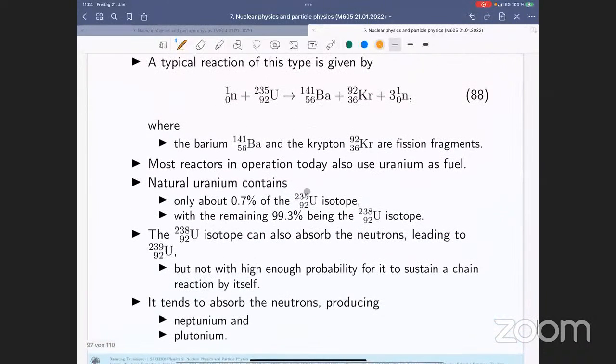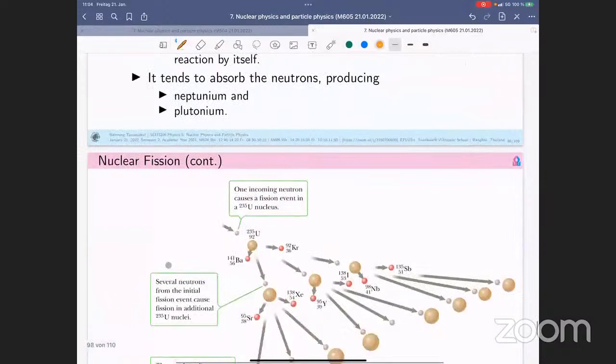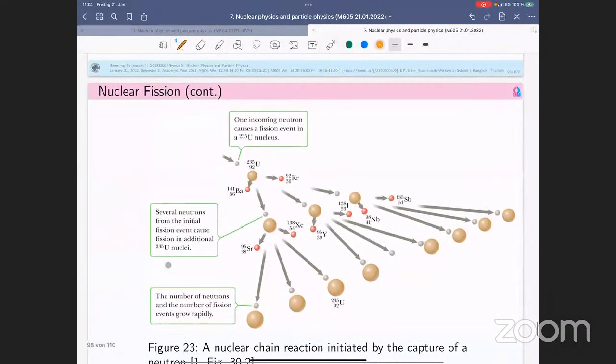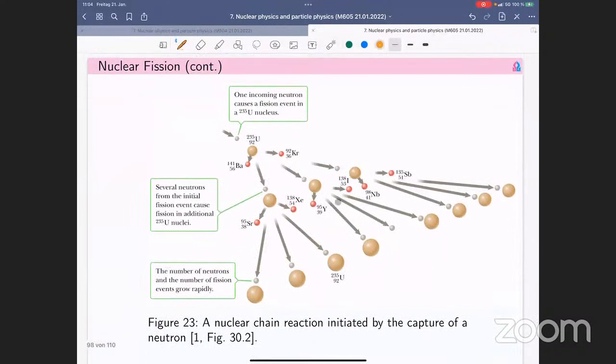But let's pay attention to only uranium-235, because this is the isotope that could take place automatically without any further feeding of neutrons. That's the nuclear chain reaction. That's why we say it's an automatic process.